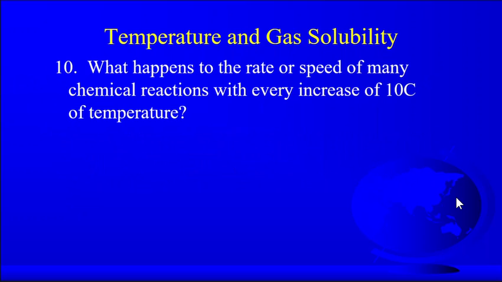So what happens to the rate of speed of many chemical reactions with every 10-degree temperature change? It doubles. That's important to us in chemistry, but that's also important in life, because that is why there are 2 windows of time that Matthew has to go fishing and to fish efficiently.